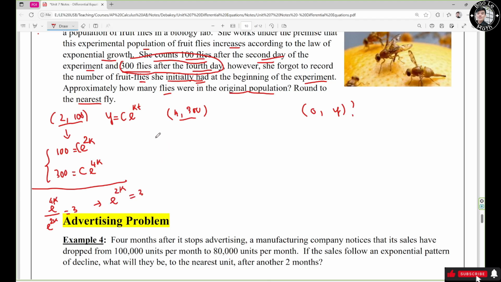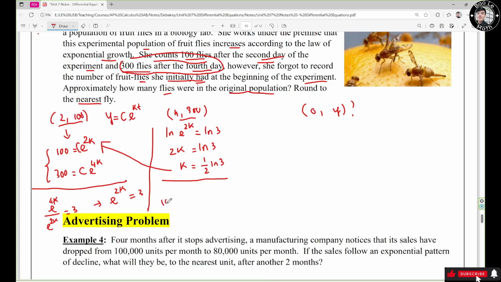I need to take natural log of both sides, so then you have natural log of e raised to the 2k equals natural log of 3. So 2k equals natural log of 3, and k equals 1/2 times natural log of 3. Now I need to substitute this back over here to solve for c.